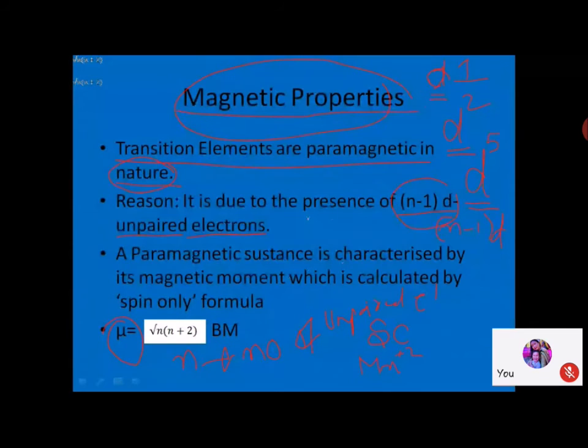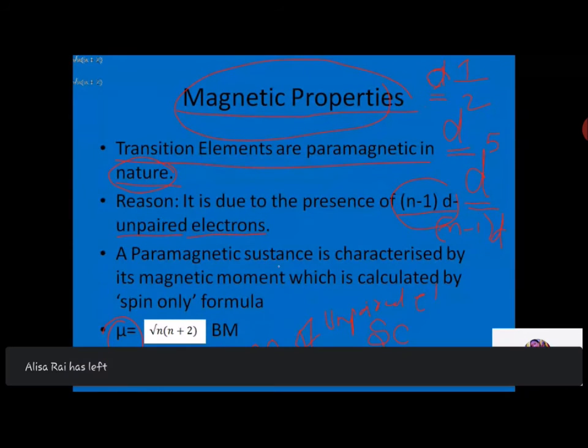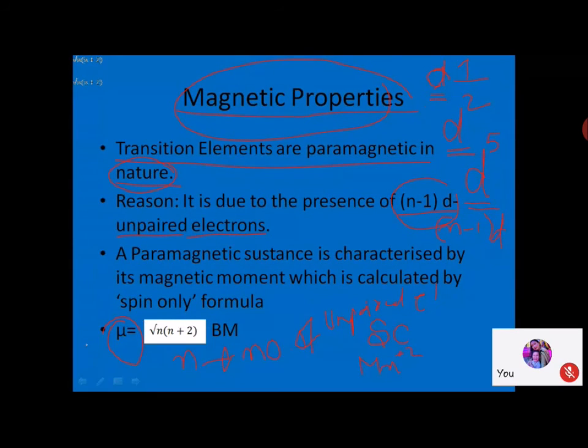Transition elements are paramagnetic in nature, and that is measured by the spin only magnetic moment, which is mu equal to root over n into n plus 2, where n is the number of unpaired electrons. So for manganese, what is the number of unpaired electrons? 5.